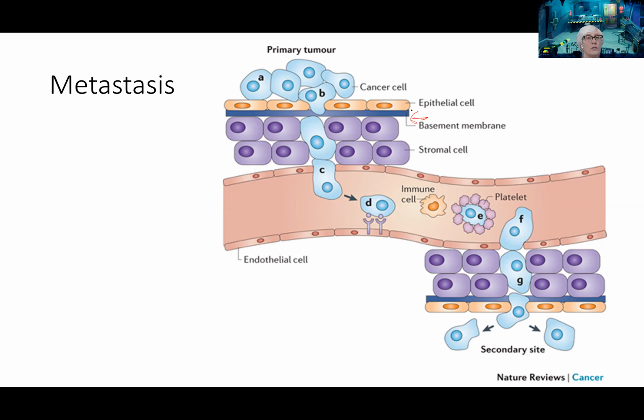They move through the stroma and they break into either a blood vessel, as is shown in this image, or a lymphatic vessel to spread to a more distant site.